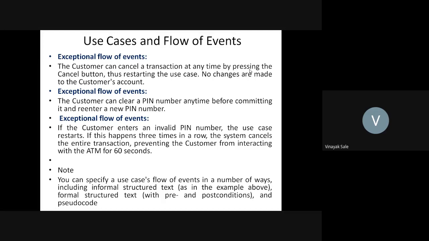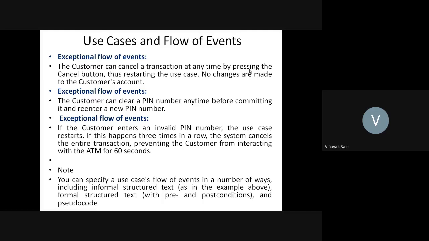Exceptional flow of events. If the customer enters an invalid PIN number, the use case restarts. If this happens 3 times in a row, then the system cancels the entire transaction, preventing the customer from interacting with the ATM for 60 seconds. Now it is 24 hours.